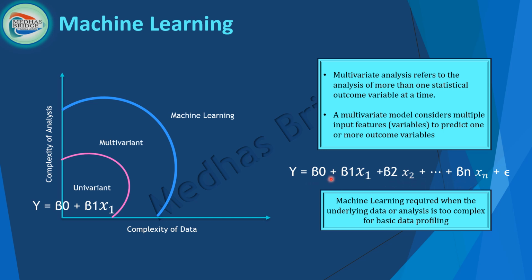So this is what we can call a multivariant. Multivariant analysis refers to the analysis of more than one statistical outcome variable at a time. Multivariant model considers multiple input features, meaning variables, to predict one or more outcome variables, right?